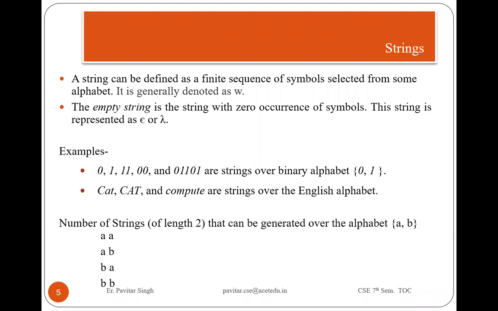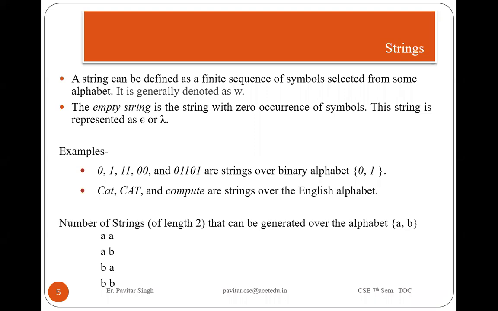So you can see some examples. Here you can see the single zero. It is an example of a string taken from the binary alphabet: 1, double 1, double 0, and 0, double 1, 0, 1.